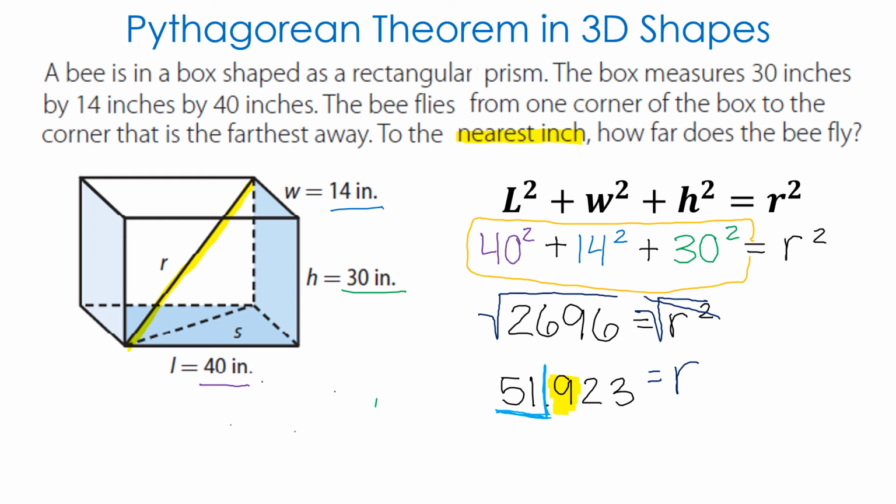Since 9 is 5 or more, we're going to add 1 more to the ones value. So 51 plus 1 will equal 52 inches. That is the length the bee will fly from one corner to the opposite corner inside of the rectangular prism.